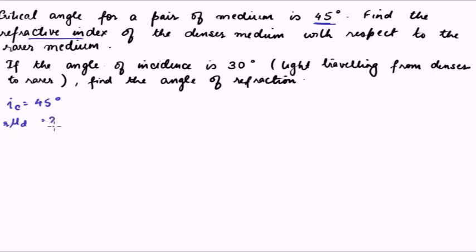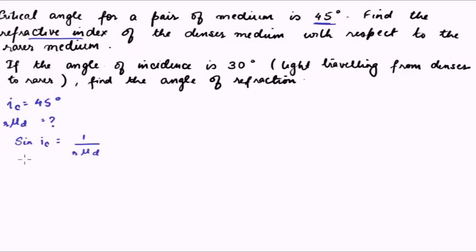Now we have seen in the lecture that the relation between the critical angle and the refractive index is given by sine of critical angle is equal to 1 upon the refractive index of denser medium with respect to rarer medium.